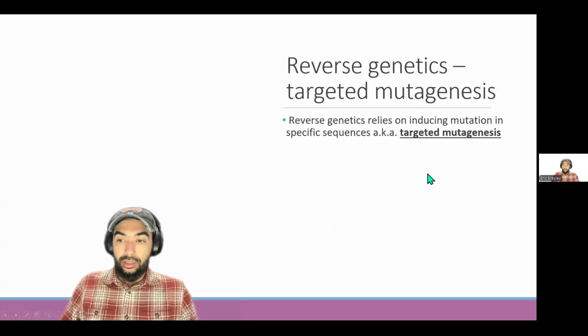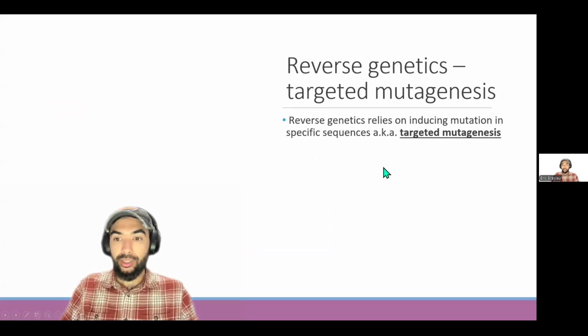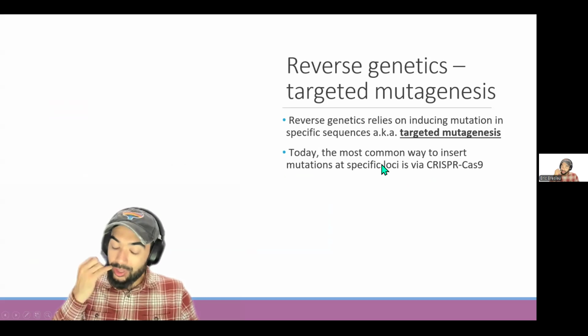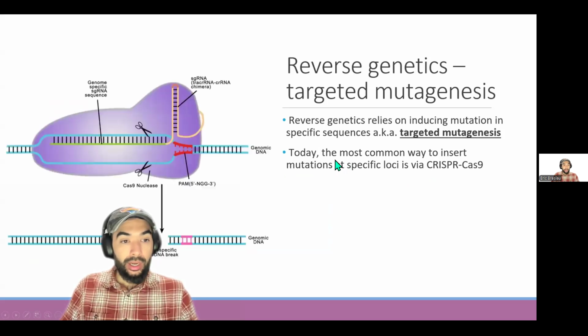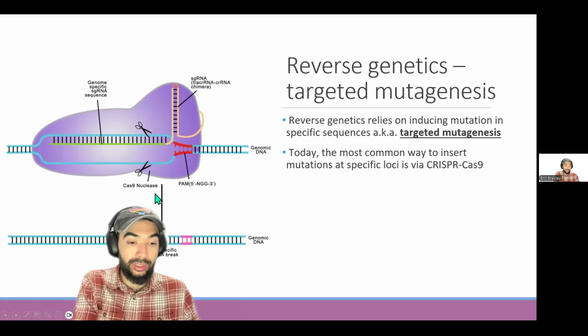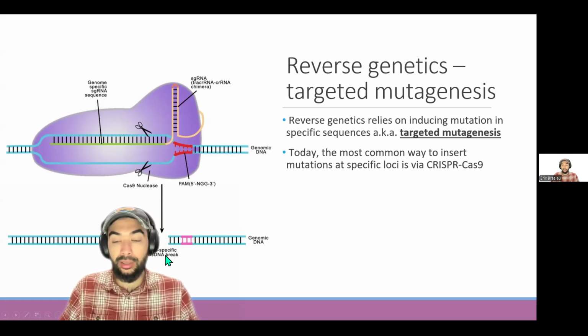So when it comes to reverse genetics, this relies on targeted mutagenesis. The most common way today is to insert mutations using CRISPR-Cas9 into the loci we're interested in. You can make single base pair changes, or you can make larger damage like double-stranded breaks, and then see what the effect is.